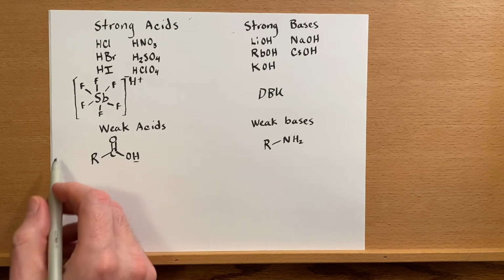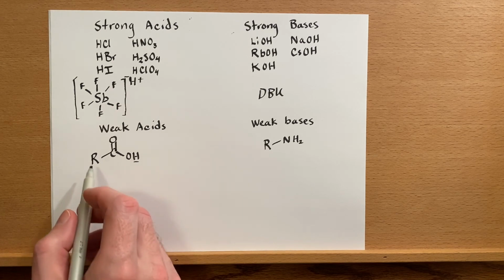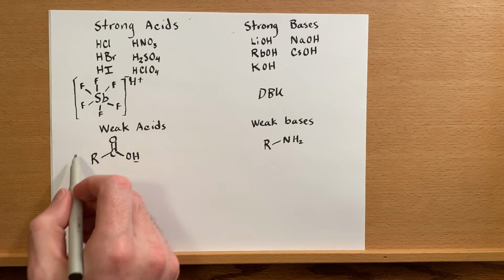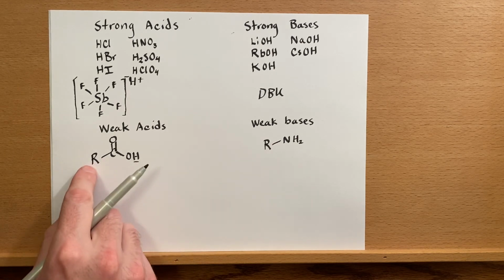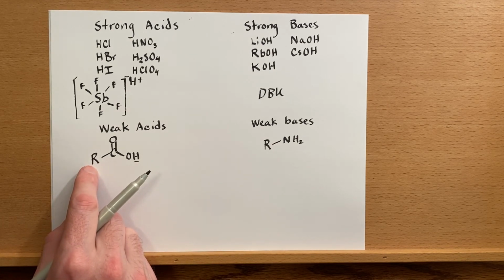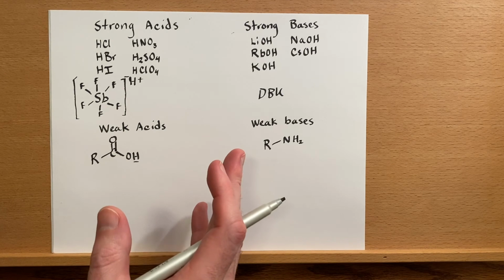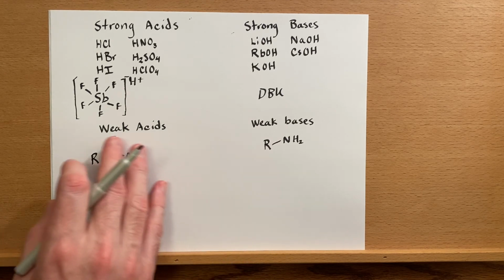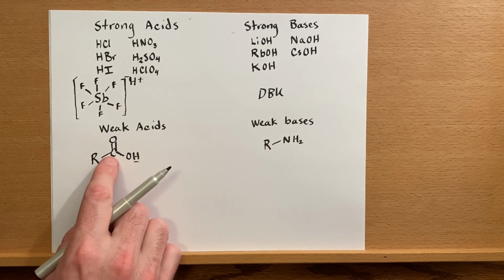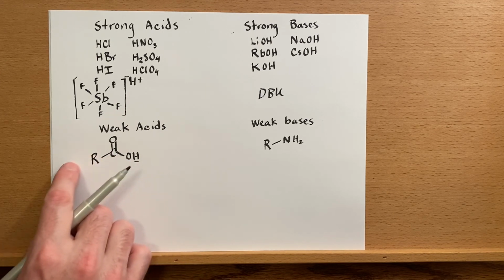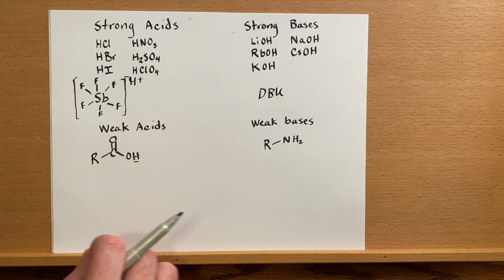It could be other carbon stuff, it could be a ring, it could be a halogen, could be hydrogen. If it was hydrogen, it would be called formic acid. If there was a CH3 here, it'd be acetic acid. Benzene ring, benzoic acid. So there's a lot of variability that we can have that has this particular group on the end just by changing this group over here, this R group.